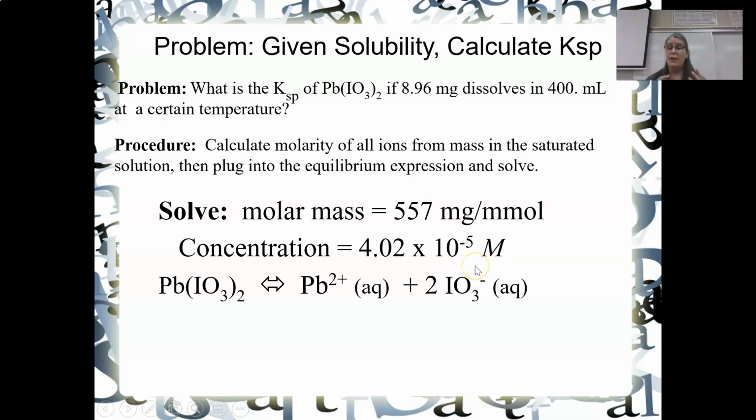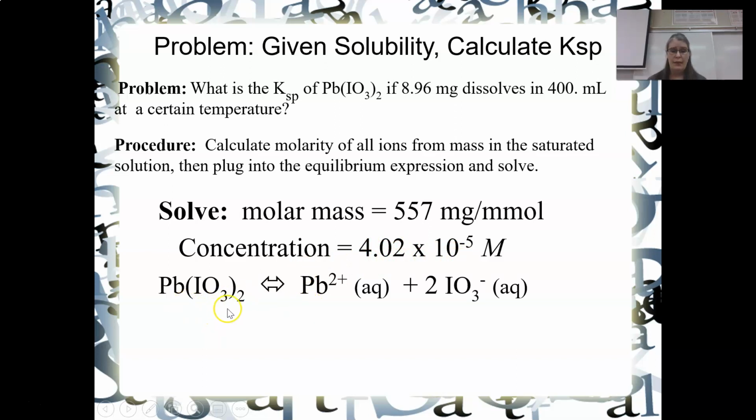So I write out my dissolving expression, which always starts with a solid and forms the dissociated ions. So let's think about what would happen here. This many moles are going to dissolve.